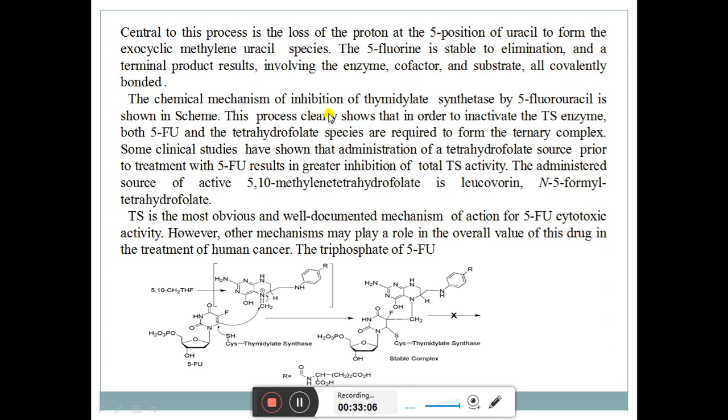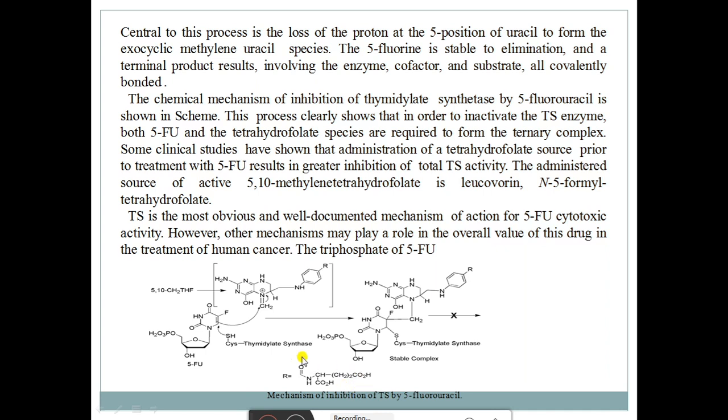The chemical mechanism of inhibition of thymidylate synthetase by 5-fluorouracil is shown in this scheme. How does this 5-fluorouracil inhibit the thymidylate synthetase? So this is the tetrahydrofolate cofactor. Again this is the 5-fluorouracil. This is the enzyme. So this is the very stable complex. Here we have a fluoro group.